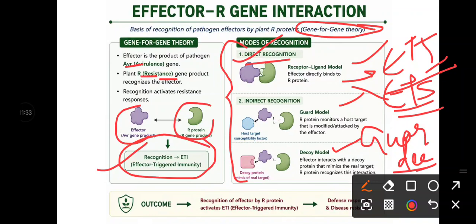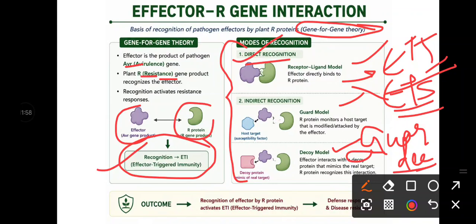Similarly, in the case of the decoy model, the effectors interact with the decoy protein, not the guardee protein. Decoys are not the target of the effector. They are actually traps.